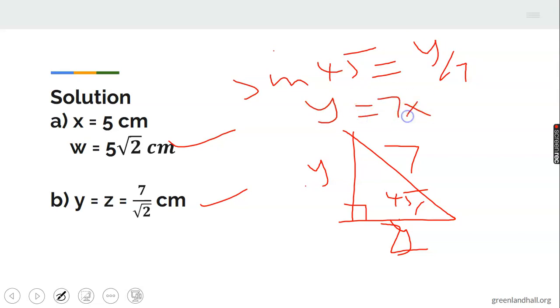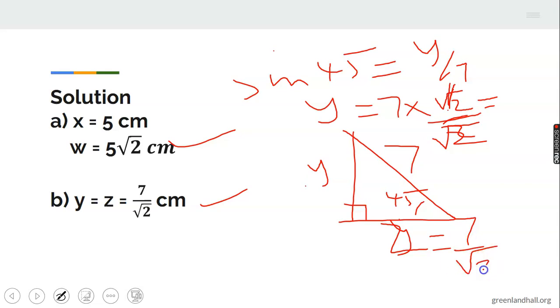And sine 45 is root 2 over 2, or simply 1 over root 2. And therefore you have this. So your answer will be 7 over root 2. Therefore z2 is equal to 7 over root 2, which can be rationalized.